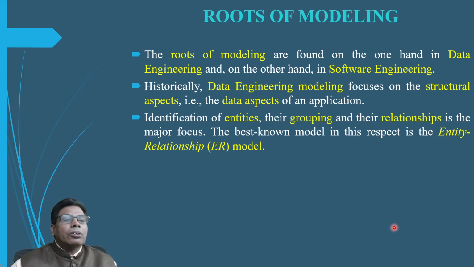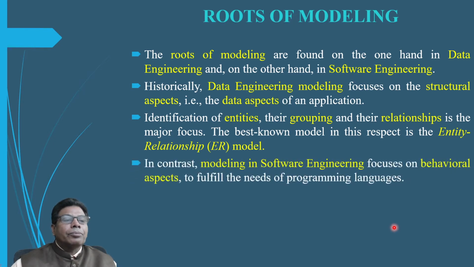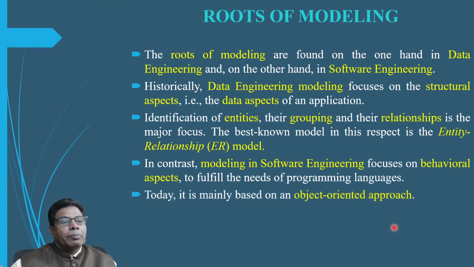So here we have the entity relationship ER model, that is the best model known in this data engineering. Then we have the modeling in software engineering, that will focus on the behavioral aspect to fulfill the needs of the programming languages. So today it is mainly based on the object oriented approach, and you are already studying that object oriented software engineering.